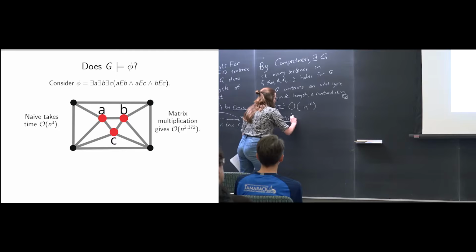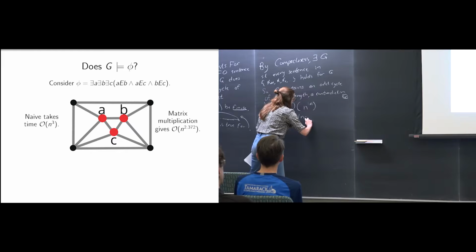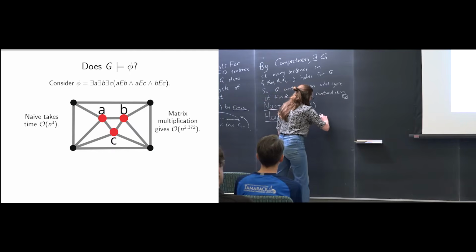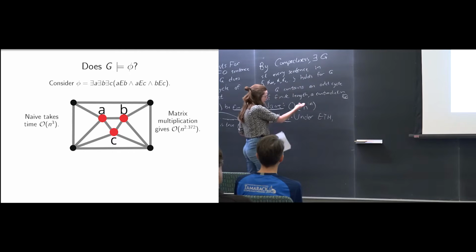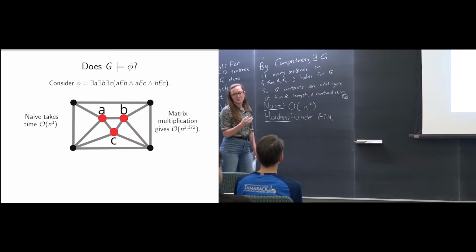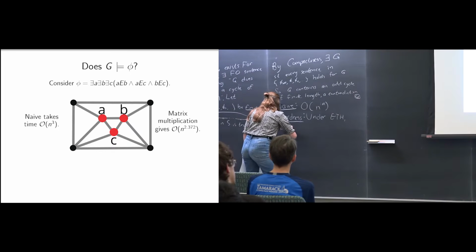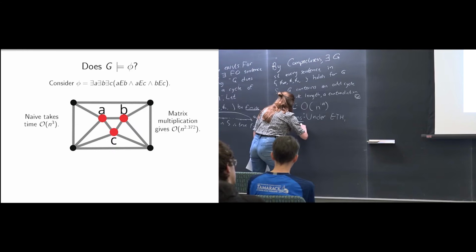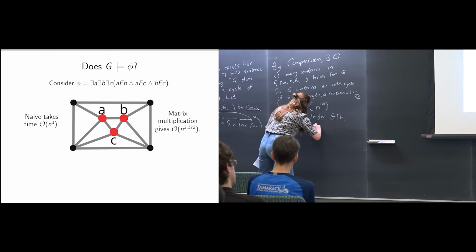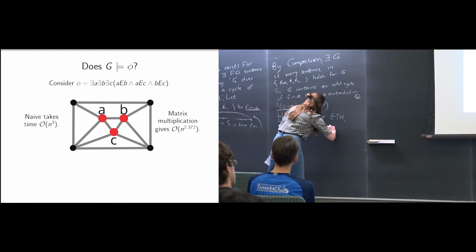To be more precise, in fact, it's true that under the exponential time hypothesis, you cannot remove phi from the exponent. There has to be some dependence. Intuitively, I'm saying you cannot remove phi from the exponent.